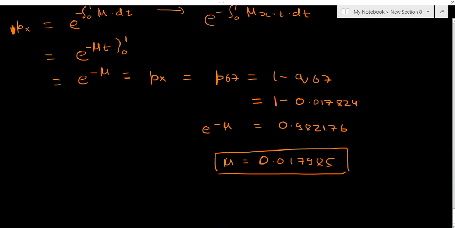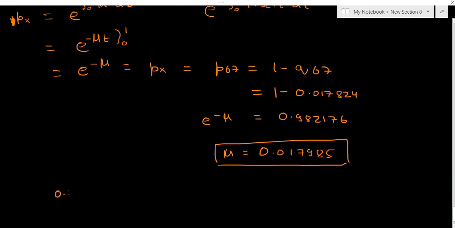Now they are telling me that I have to use this constant force of mortality to calculate the value 0.5q67.25, under the assumption of constant force of mortality.